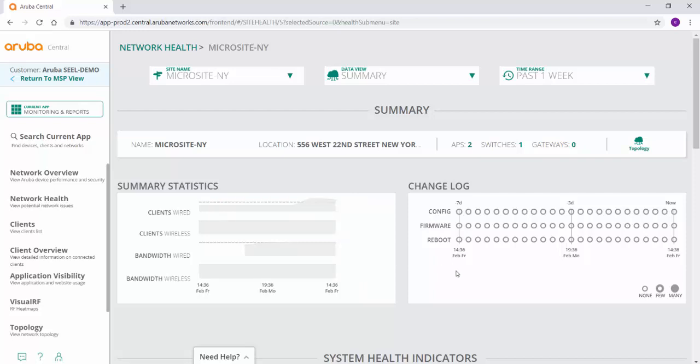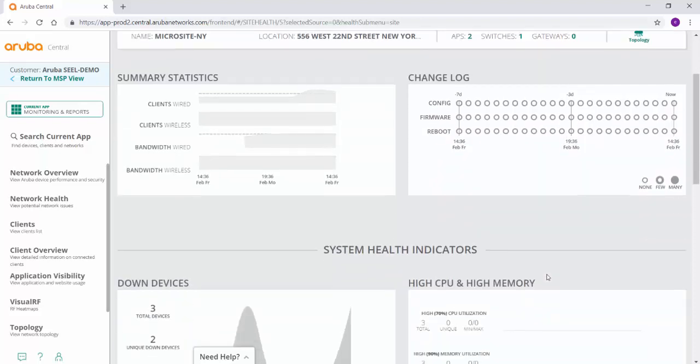And something that is extremely important for me as an IT administrator is to have a visual representation of any potential unauthorized or unknown changes that could have been made to this site that are contributing to the overall degradation in performance.